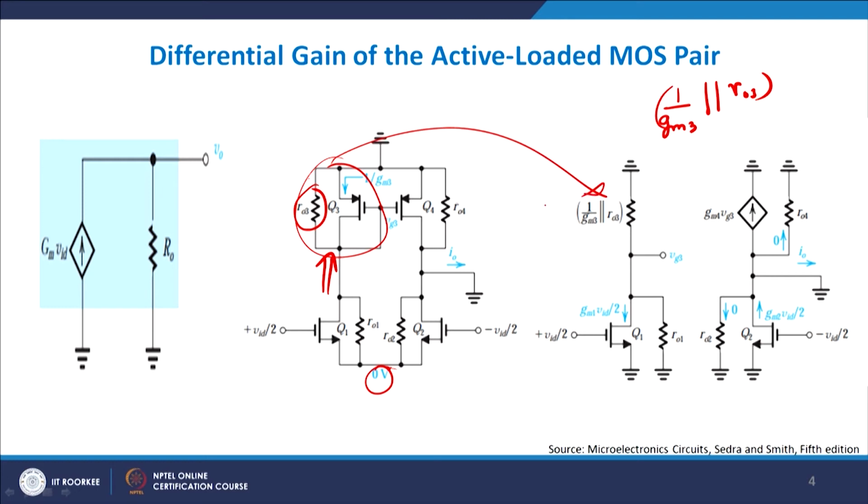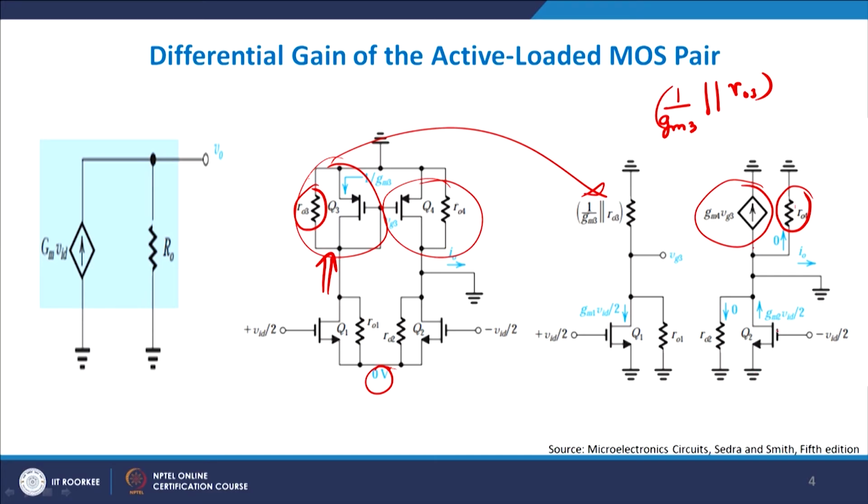Whereas, if you look very carefully at this one, Q4 is basically a VCCS, a voltage controlled current source, and therefore GM4 multiplied by VG3 is the value, and R4 is the resistance offered between the two. Assuming that this is a perfect current source, I am assuming that there will be no current flowing through R04 as such.